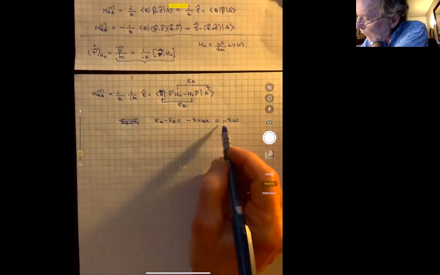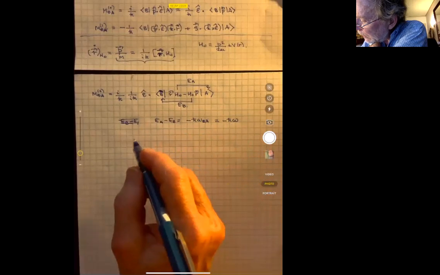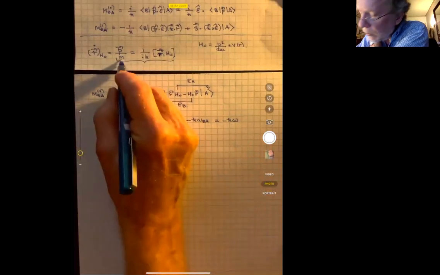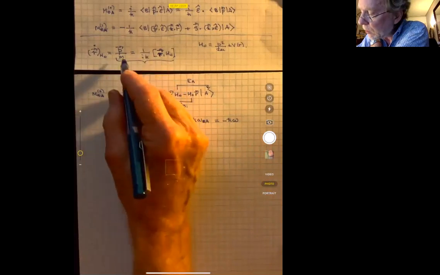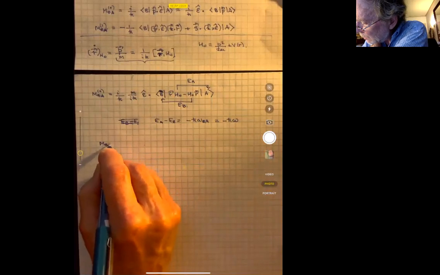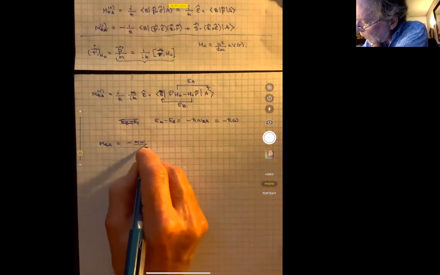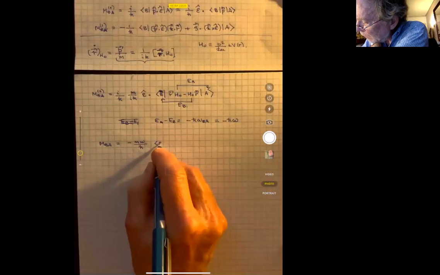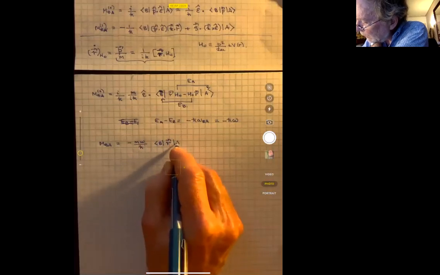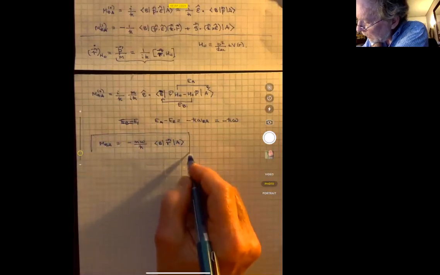Including this minus sign and canceling out these i's, and there should have been a mass in here too, because I need to multiply through by the mass to get a formula for p, what we get is that this M_BA at this order is equal to minus m omega over h bar times the matrix elements between the two atomic states of just the position vector r. We get this formula for M_BA at this order.